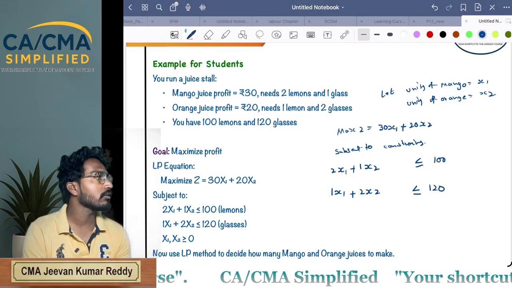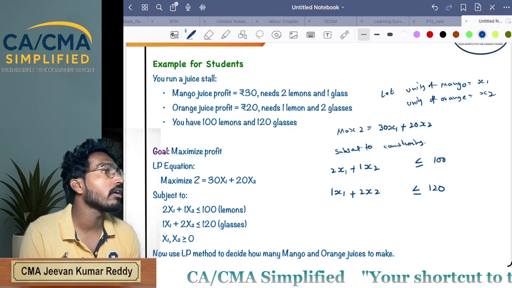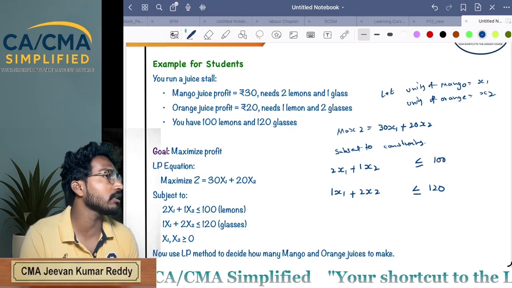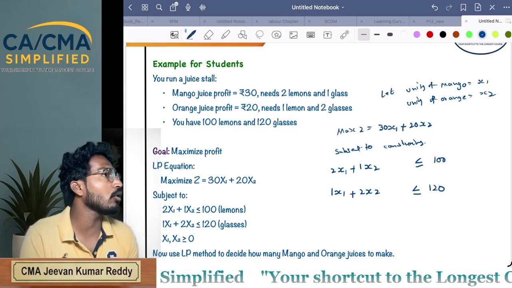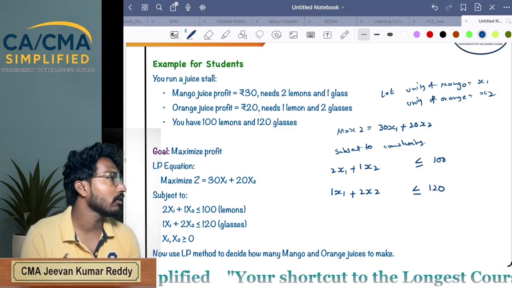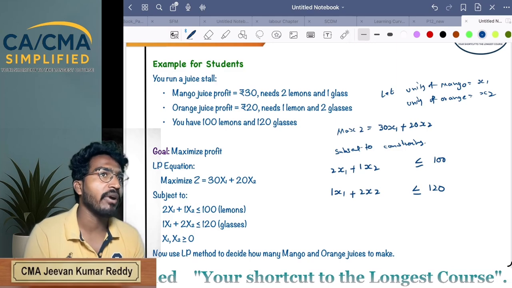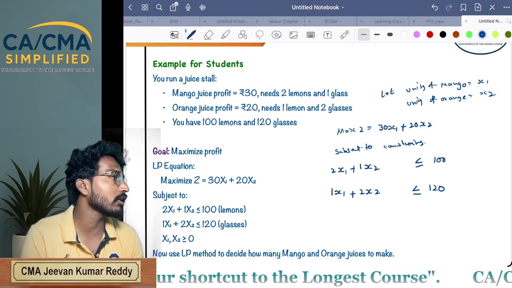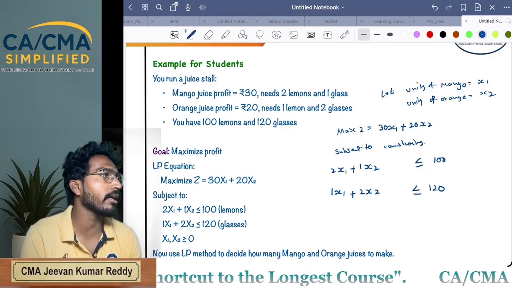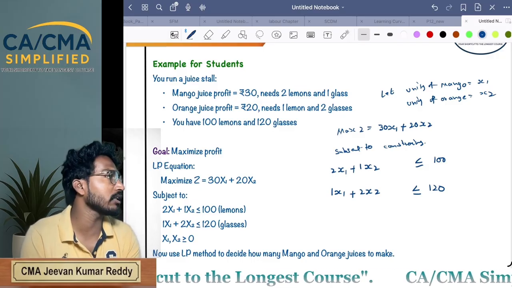Am I clear? The next and last one is the non-negative constraint. That means our production of juices will not go into negative figures. We won't make -1 mango juice, and we won't make -2 orange juices. If you want to make it, you will make 1 or 2 mango or orange juices.